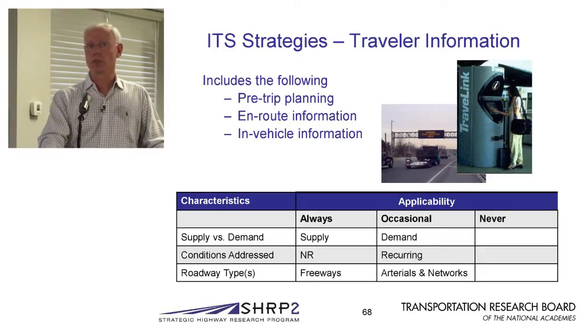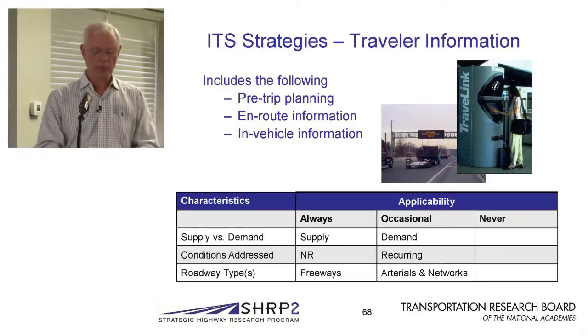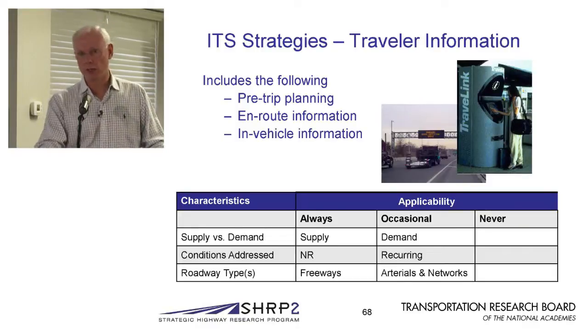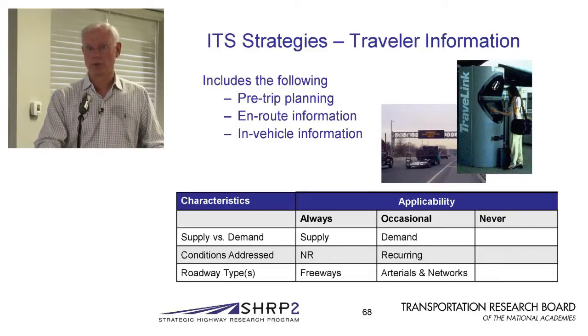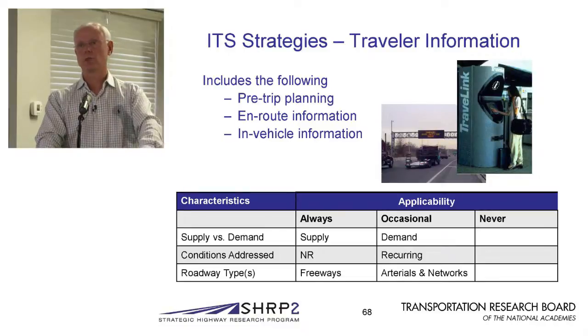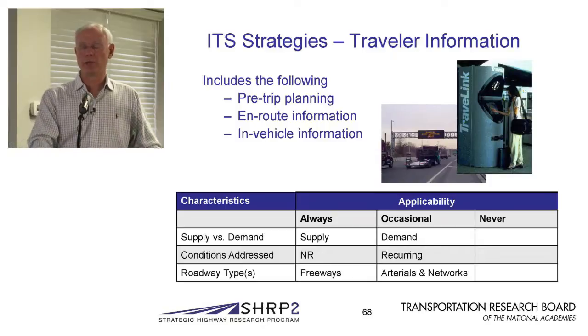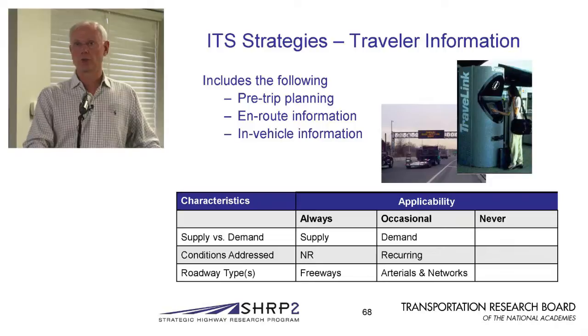Traveler information, again, becomes increasingly important. It's important all the time, but it becomes increasingly important when there are these unexpected conditions or bad weather conditions or special events that pop up. What we've seen in traveler information, you've no doubt heard or experienced or maybe even manage some of the public 511 systems and websites and so forth.